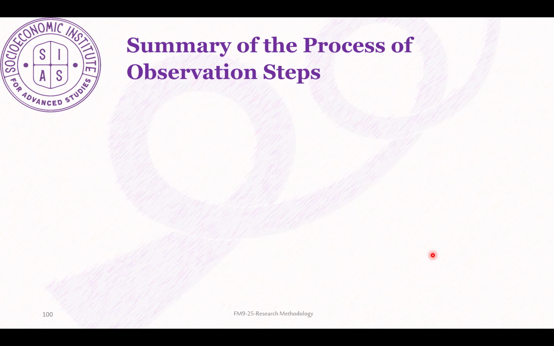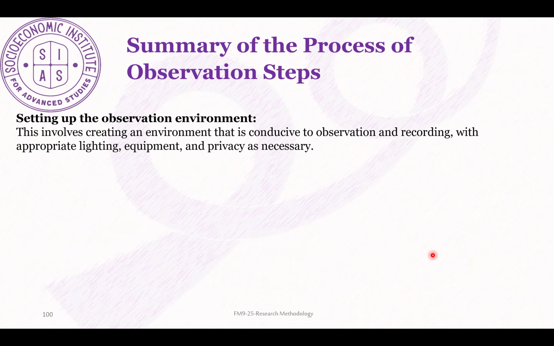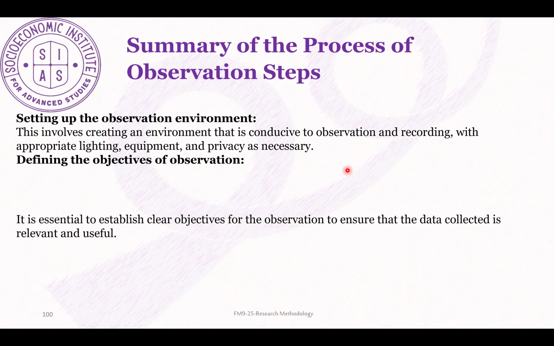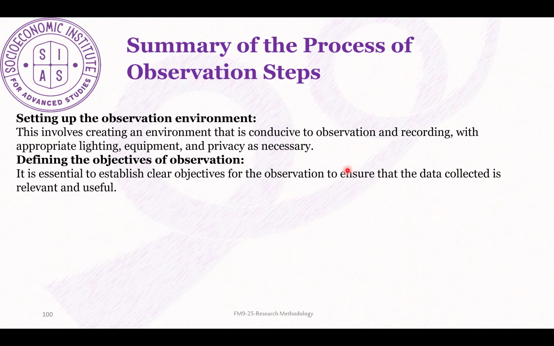So here is a summary of the steps of the observation process. Setting up the observation environment involves creating an environment that is conducive, with appropriate lighting, equipment, and privacy as necessary. We should define the objectives of the observation. It is essential to establish clear objectives to ensure that the data collected is relevant to whatever we are targeting to study.